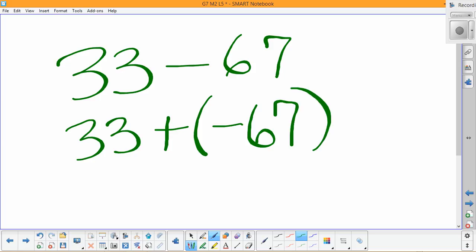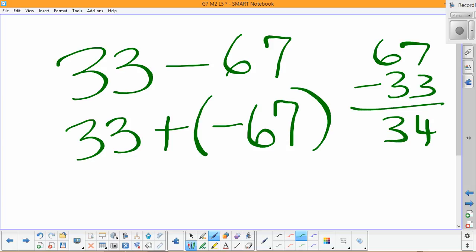So 33 minus 67 is the same as 33 plus a negative 67. Now the signs are different, so I subtract using my shortcut, and I give it the sign of the bigger number. The absolute value of 33 is 33, and the absolute value of negative 67 is 67. So 67 wins, so it's going to be a negative 34.